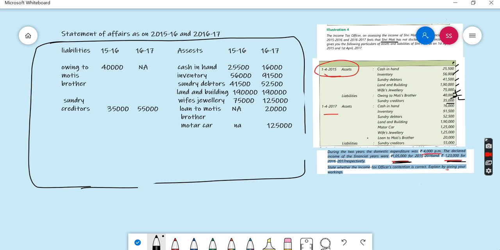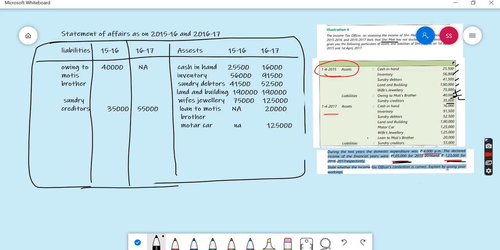Alright. So all we need to do is, whatever information is given in the question, we need to put in the statement of affairs format. So first we will start with the opening assets. Opening assets will come here.